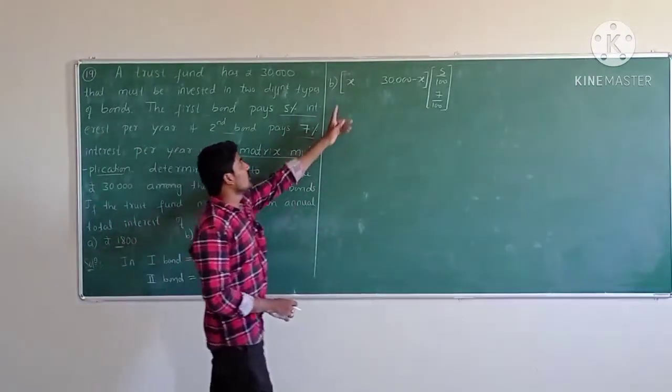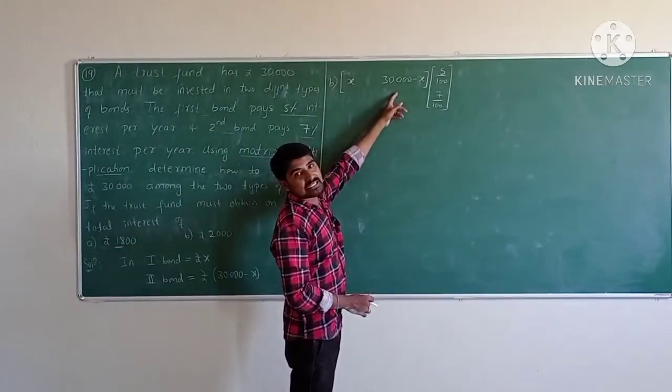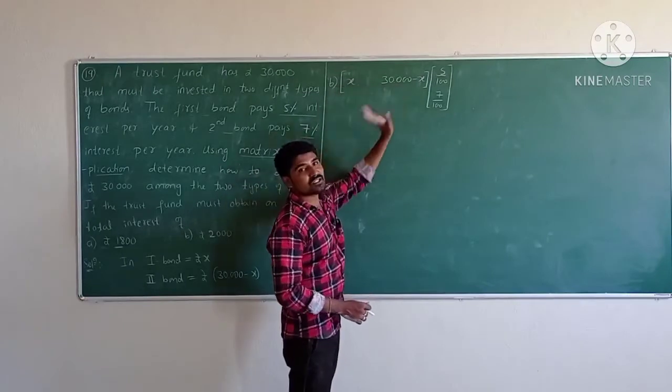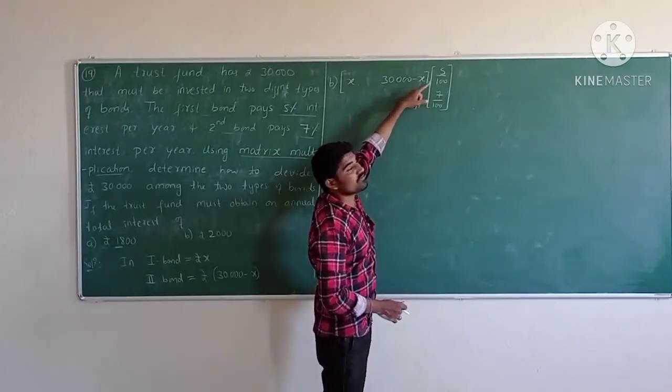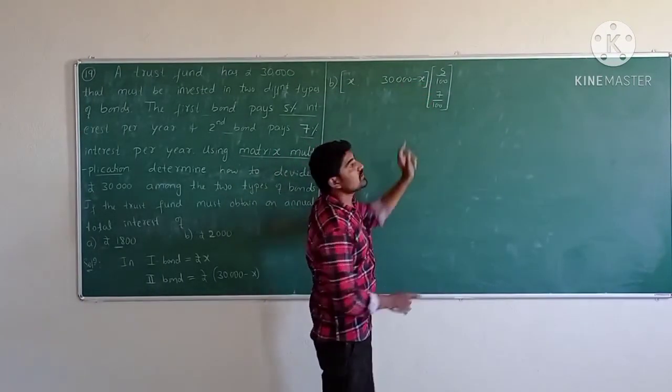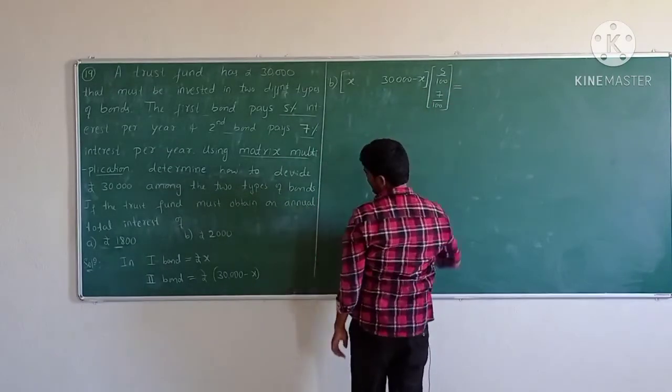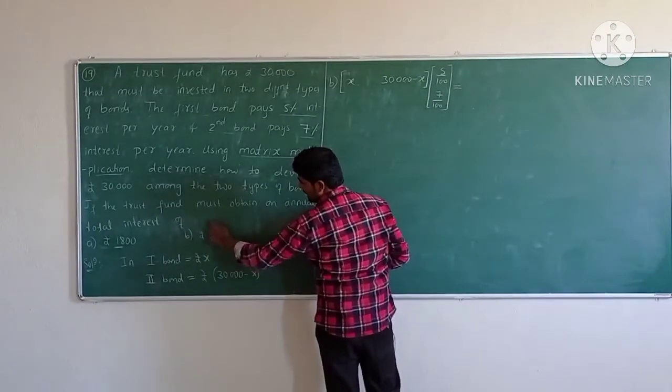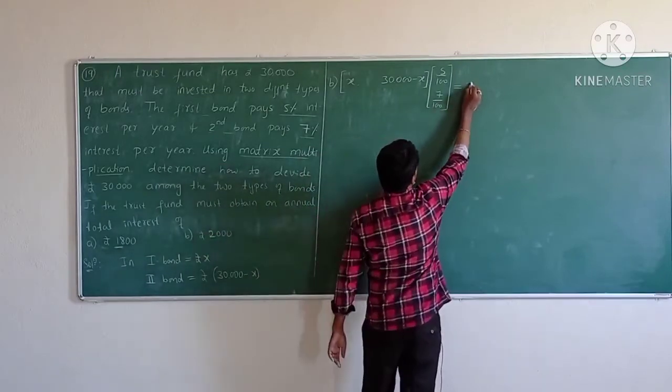Again, the amounts invested in the first and second one will be expressed in a row matrix, and the rates of interest of the first and second one in a column matrix, and the total interest is 2000.